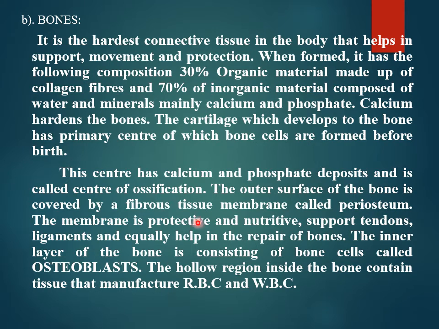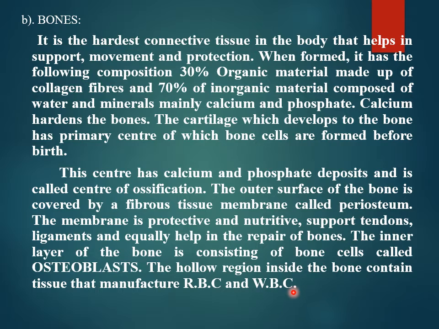The membrane is protective and nutritive, supports tendons and ligaments, and equally helps in the repair of bones. The inner layer of the bone consists of bone cells called osteoblasts. The hollow region inside the bone contains tissue that manufactures red blood cells and white blood cells.